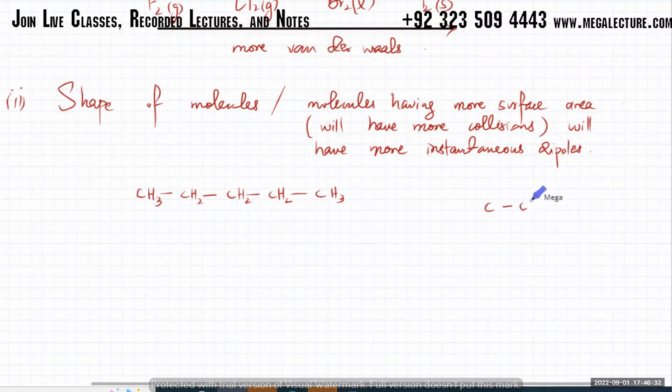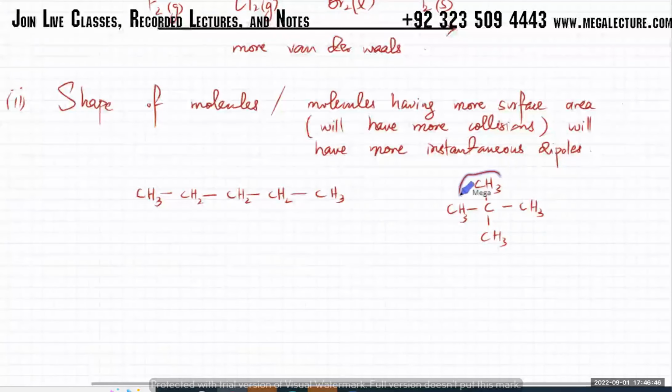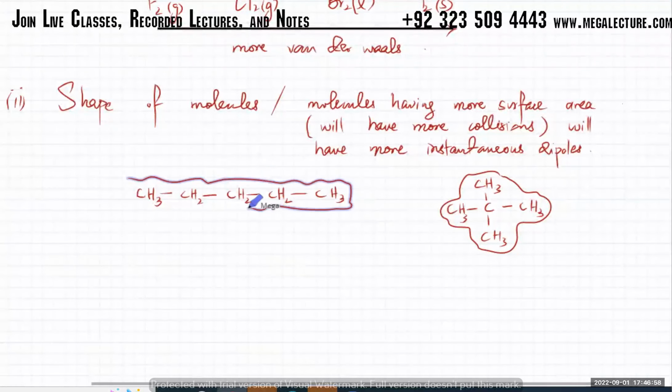It's an isomer, but it's relatively smaller in size. तो इसका जो इलेक्ट्रॉन क्लाउड होगा, because the molecule is more compact, it's obviously going to have fewer collisions. This one is really spread out. So this one is going to have more interactions with other molecules. इसकी collisions वगैरह ज़्यादा होंगी, everything will be more. So this one is going to have more van der Waals forces. Is this idea clear?